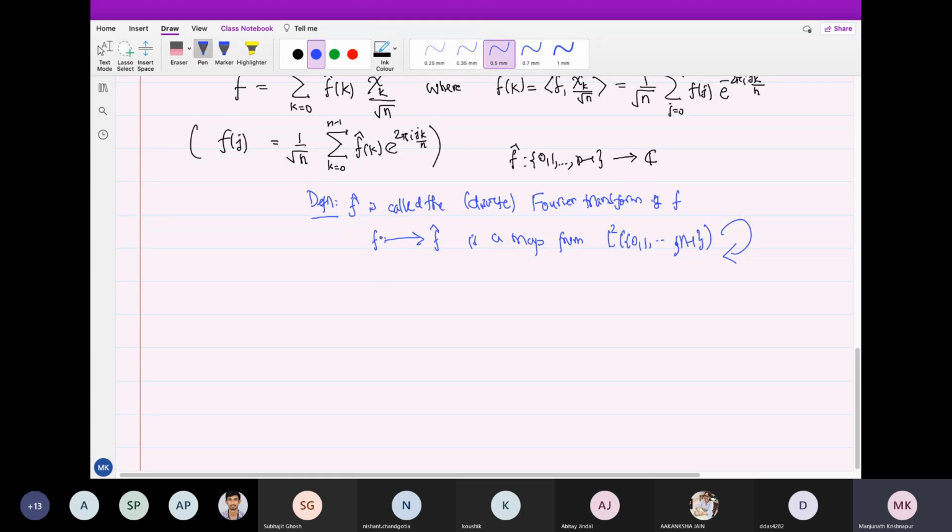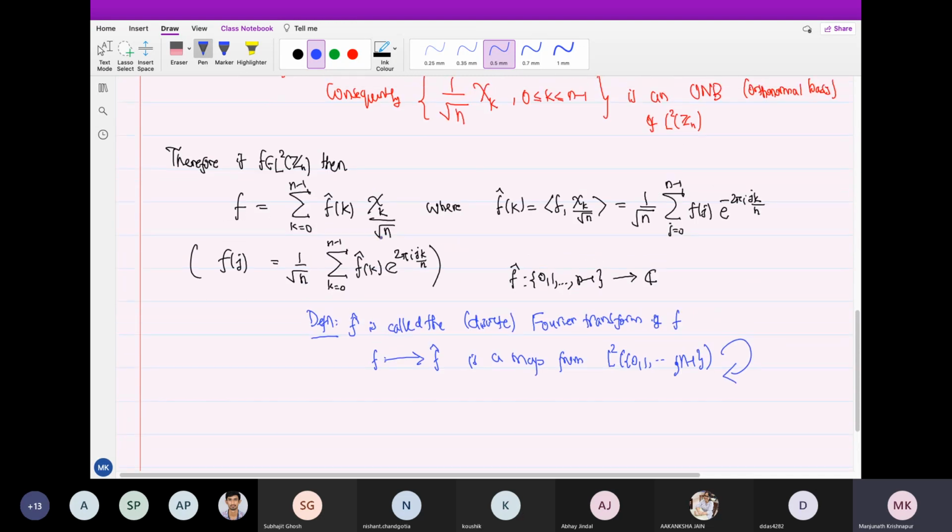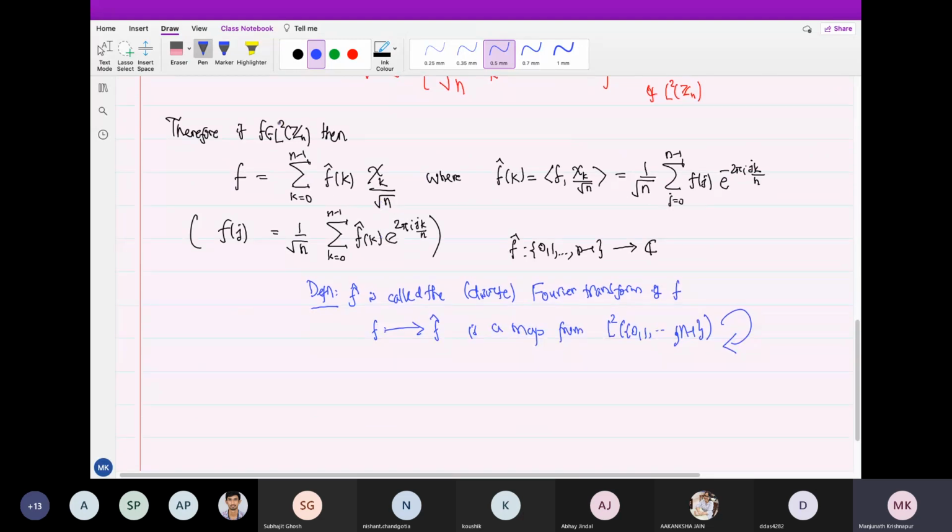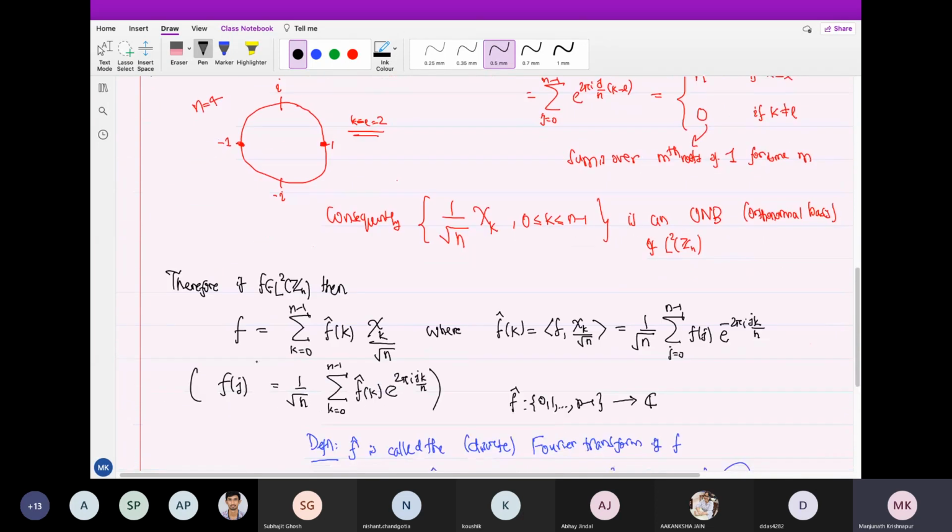Let's make some very basic observations about this, all of which are more or less direct. I'll give examples later. So f is expanded in an orthonormal basis, so the norm square can be written as the sum of squares of the coefficients.